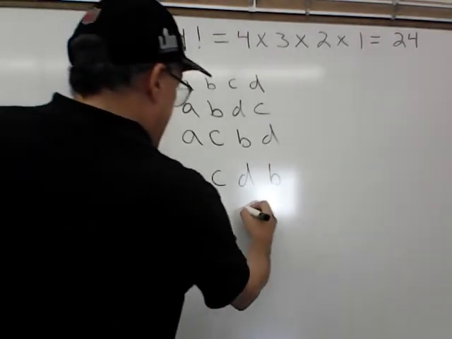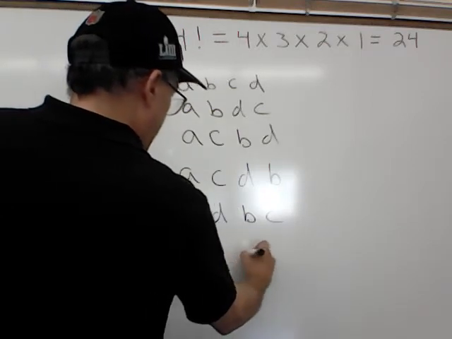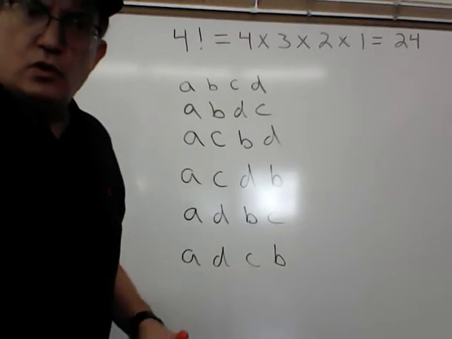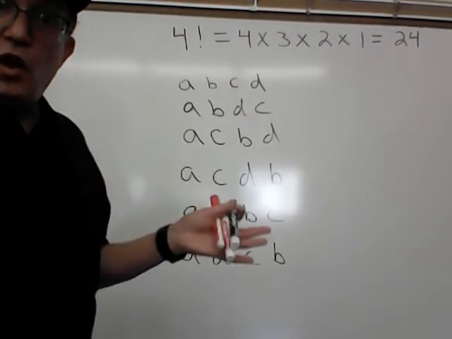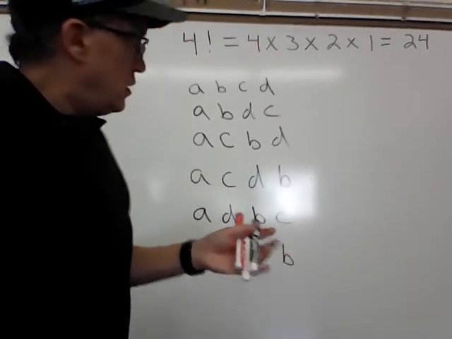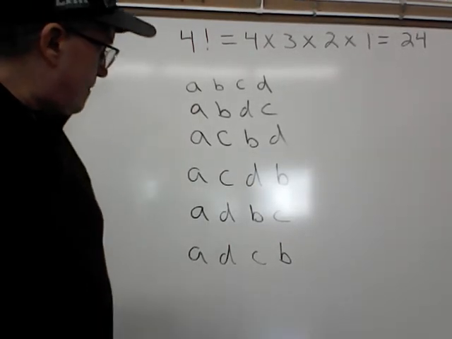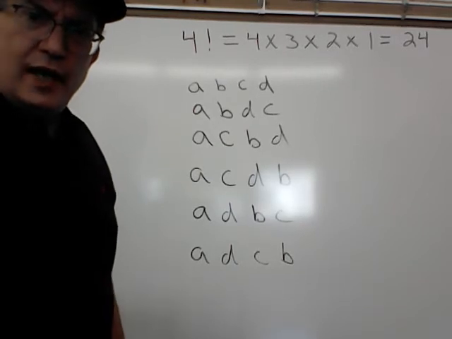You could have ADBC or ADCB. Now, if I thought this through correctly, that takes care of all of the possibilities where A is first. Let's just quickly count how many there are. 2, 4, 6. There are 6 possibilities where A is first.